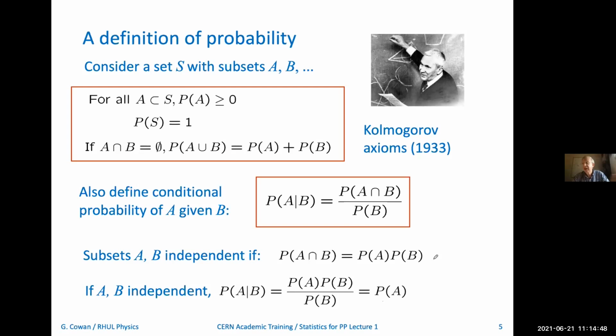That's just a definition. And you might say, well, why do you call that independent? Why don't you call that factorizable? So you can see why this is independent if you think about how this works with conditional probability.